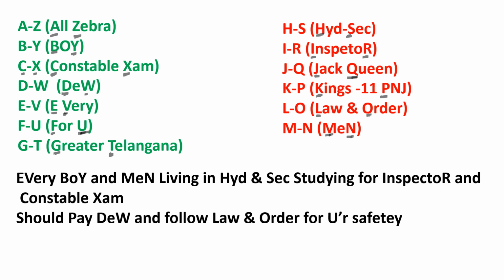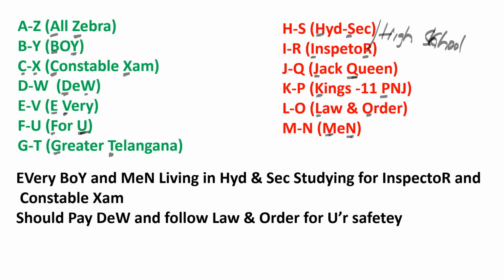HS, we have remembered here Hyderabad, Secunderabad. Some students will remember it as high school also. HS for high school. Next IR, Indian Railways. Like that also you can remember. But however, you need to remember these opposite pairs.